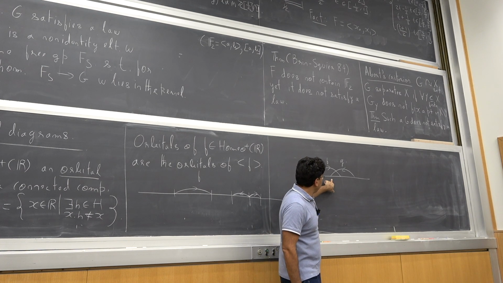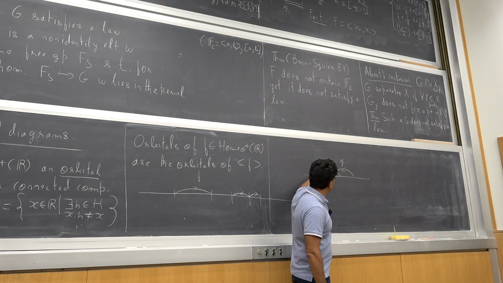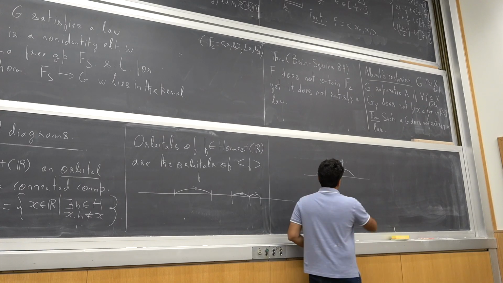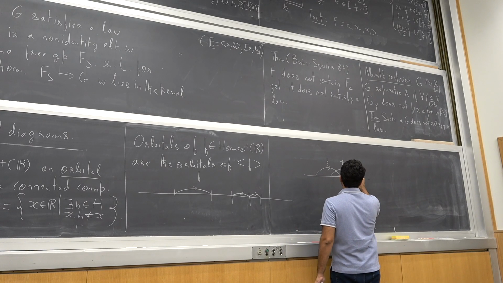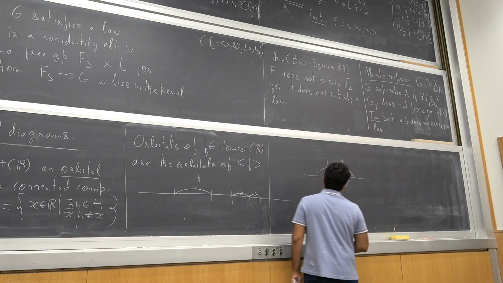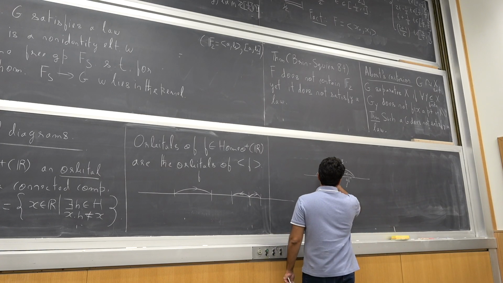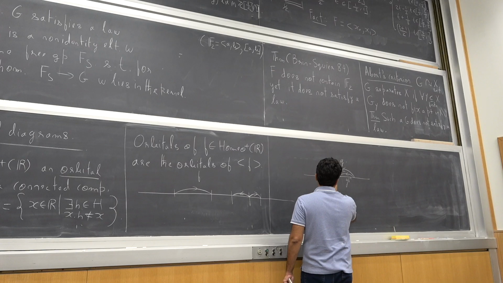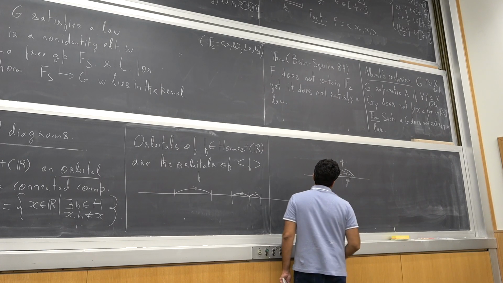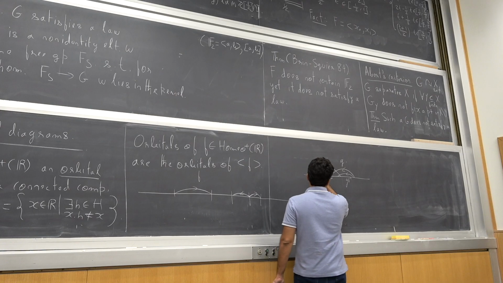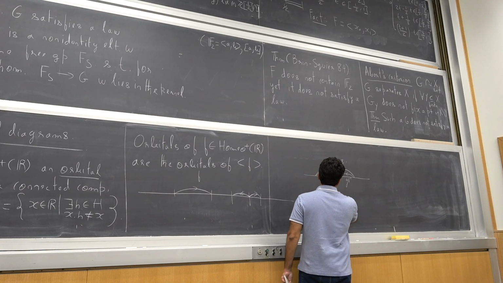What if I take a conjugate of G by a very large power of F? I get something that looks like this, okay? So this is a conjugate of G by F to the N. And then I conjugate F by a large power of G. So this is G to the M. And that looks like this, okay?